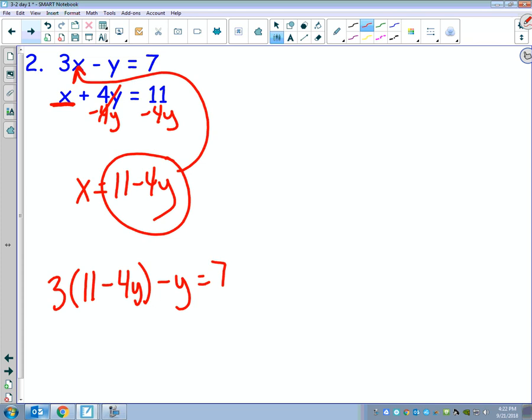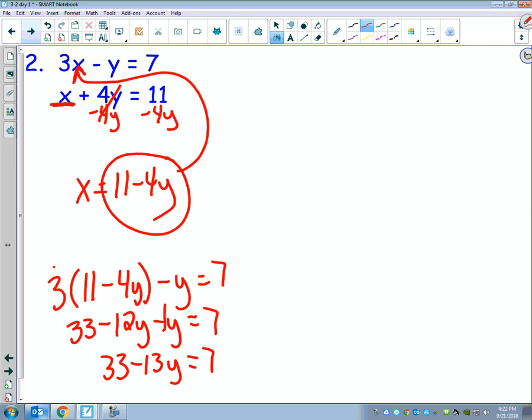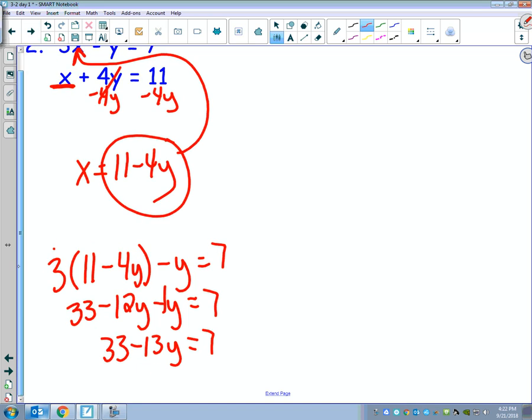And now if I distribute, I get 33 minus 12y minus y equals 7. And again, these y's are on the same side, so don't add y. You're just going to put them together, which would be negative 13y equals 7. And then you're going to solve that equation, which means that hopefully you're going to subtract 33.